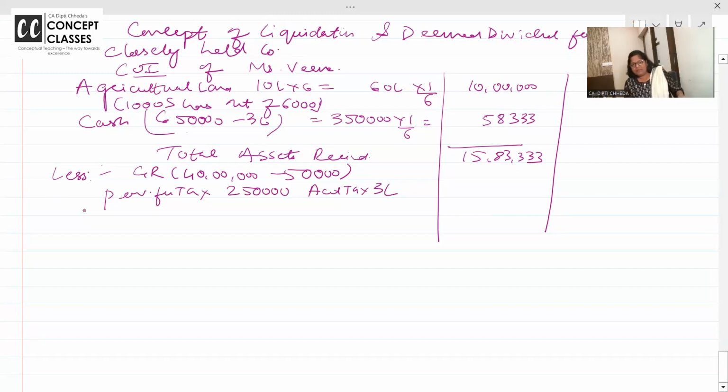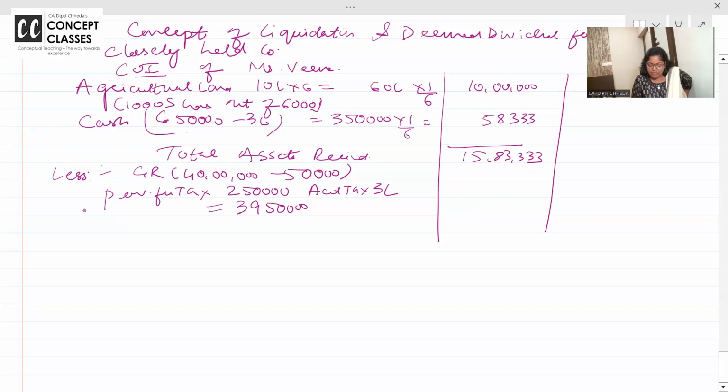Are you all getting it? So 50,000 extra you need to withdraw from general reserve and make your general reserve 39,50,000.